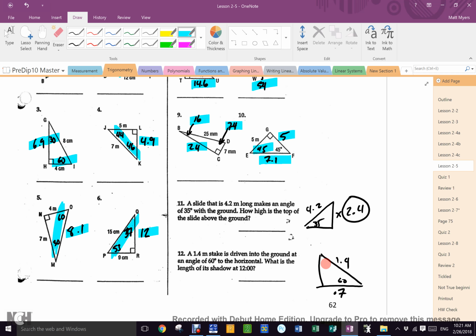Ms. Gut, do you want us to draw a triangle? Or can we just put it in? If you do not feel you need to draw the triangle, then you do not need to draw the triangle. I have done enough trig that I very rarely need to draw a triangle for any trig question.